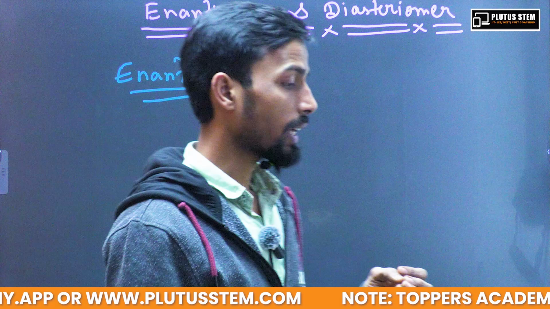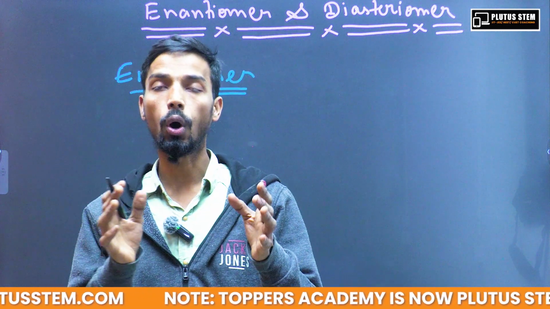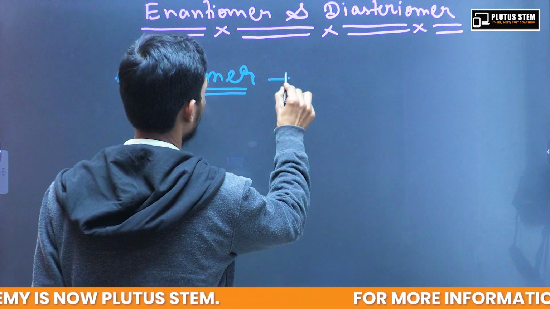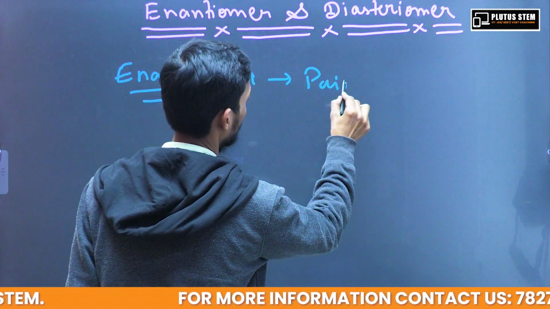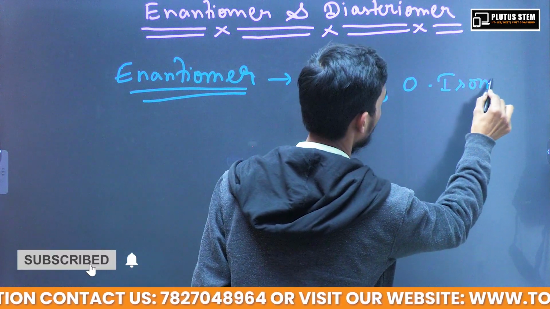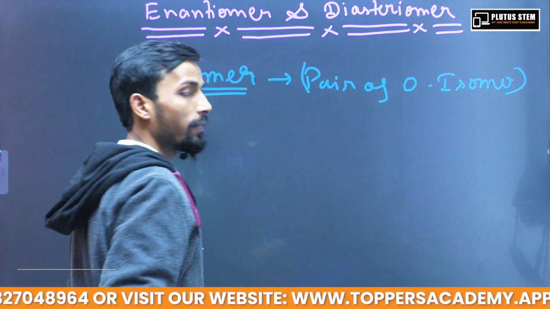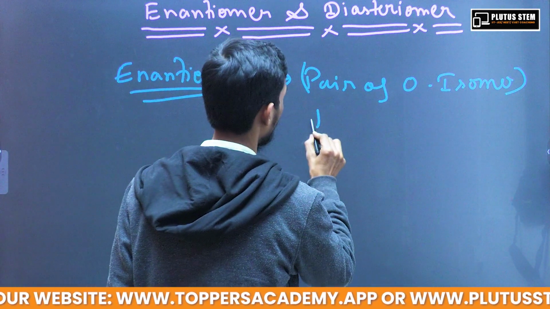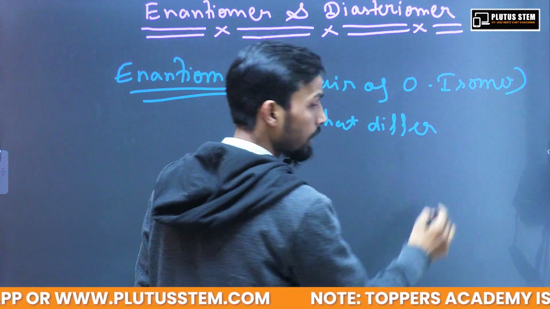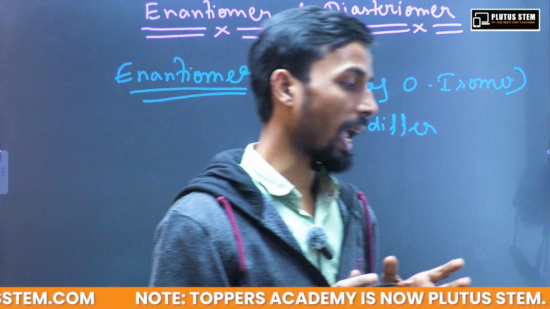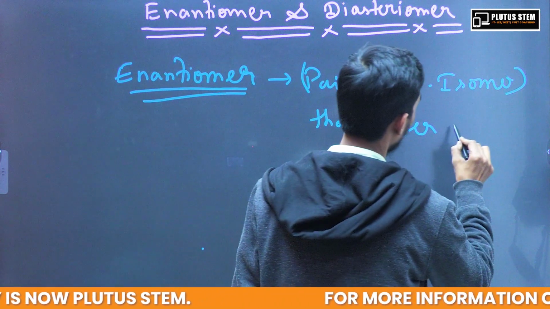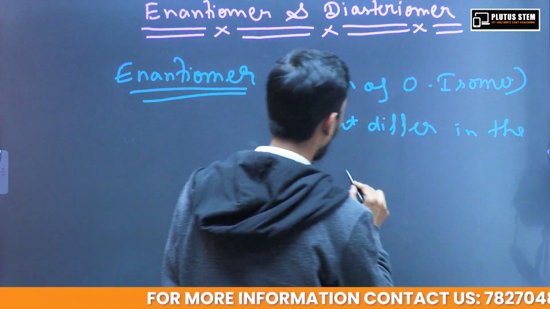An enantiomer is a pair of optical isomers that differ in the rotation, or you can say the angle of optical rotation.